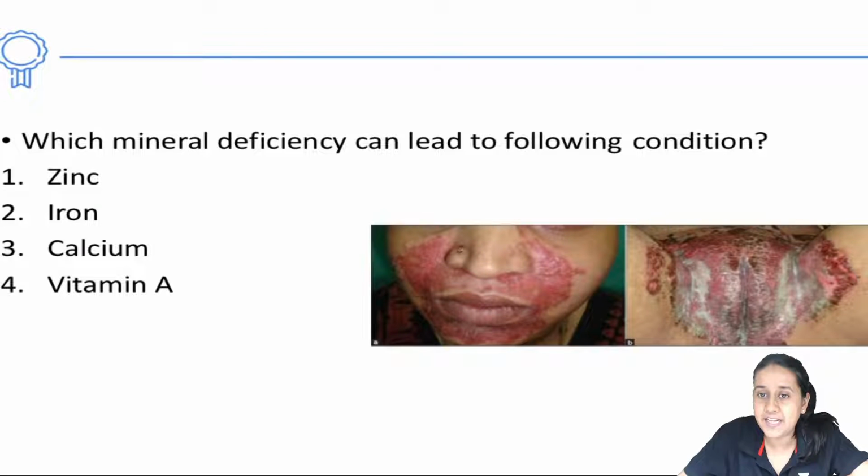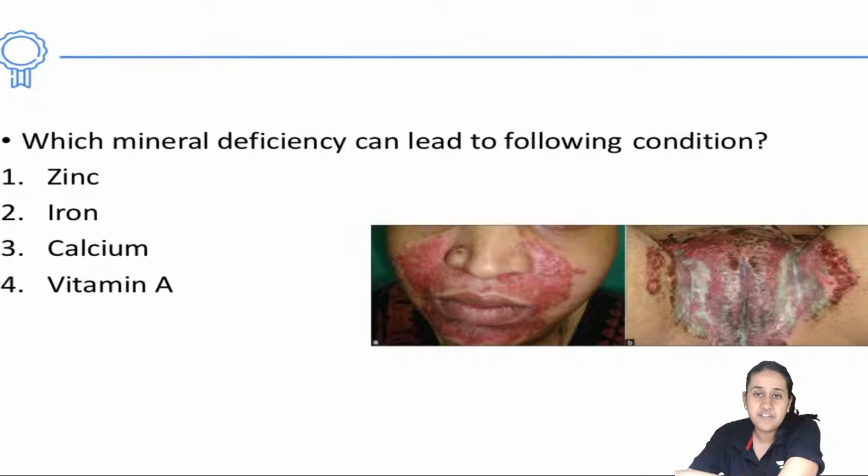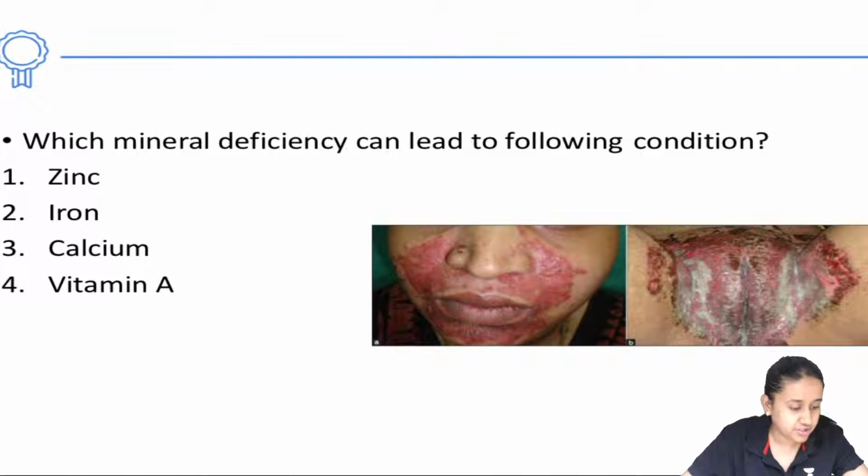You can see that there is periorificial dermatitis. So what is the diagnosis? Which mineral deficiency can lead to the following condition?